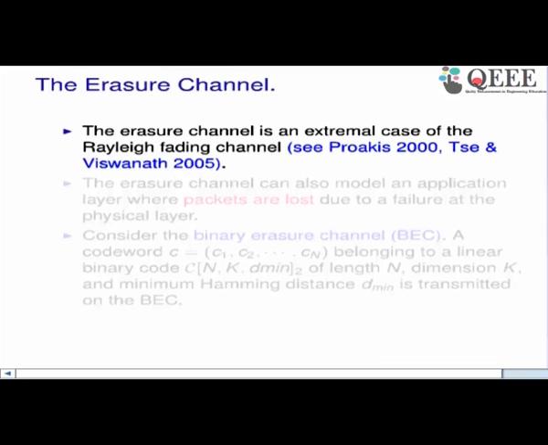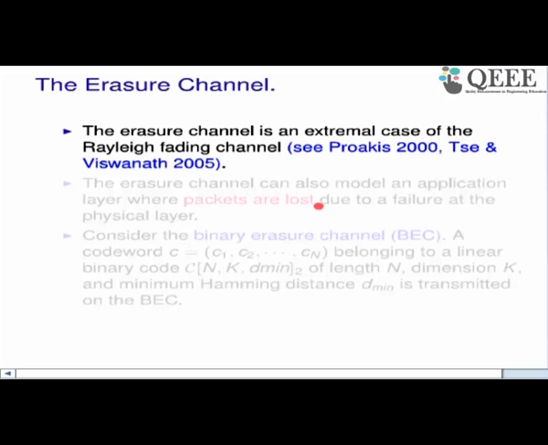Now from here we go to a very different sort of channel, what is called the erasure channel. The erasure channel is actually an extreme case of fading. Either you receive the signal, or the amplitude is so bad, the received signal power is so bad, that you basically don't see any signal at all.